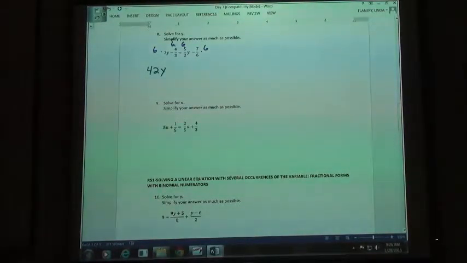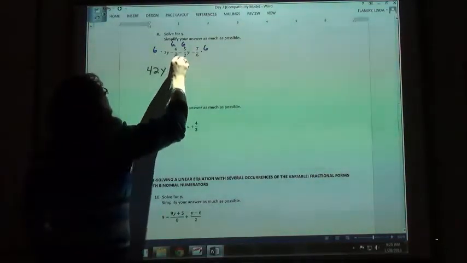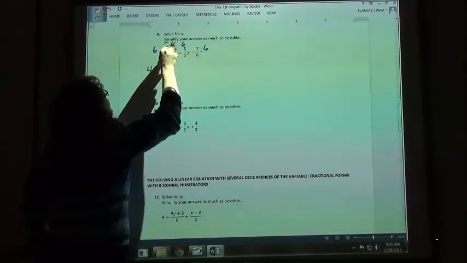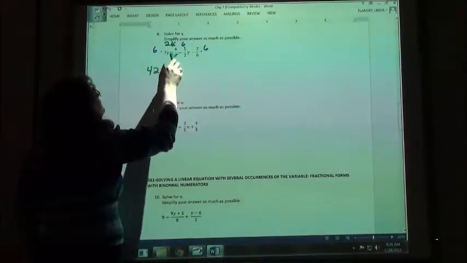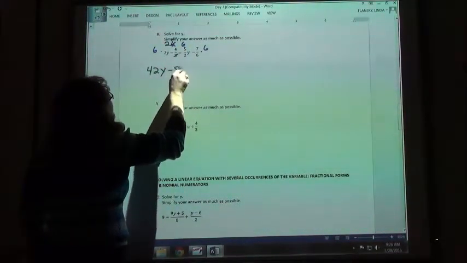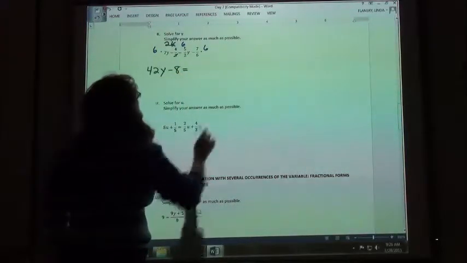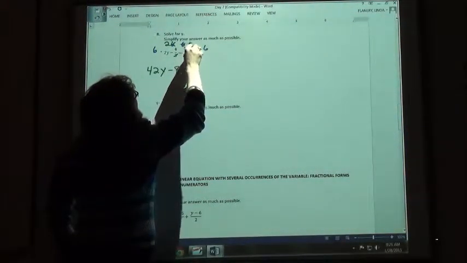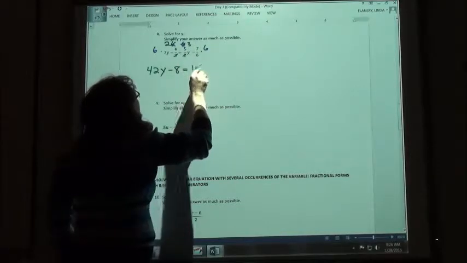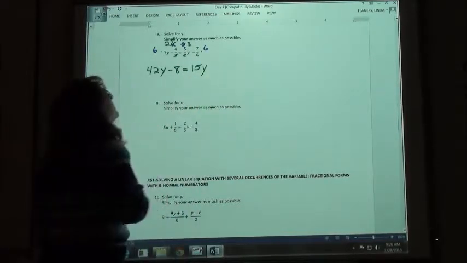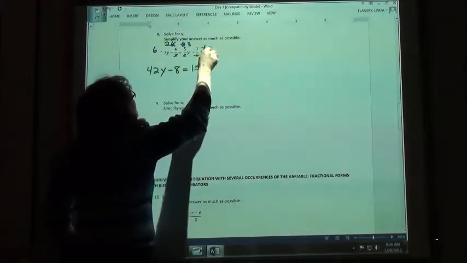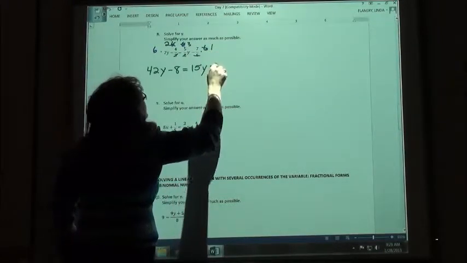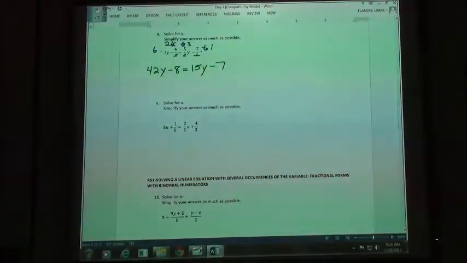On the rest where I have fractions, I can cancel. 3 goes into 6 2 times. 2 times my -4 would be -8. Equals 2 goes into 6, 3 times 5y, 15y. And then 6 goes into 6 one time, times a -7, going to be -7.